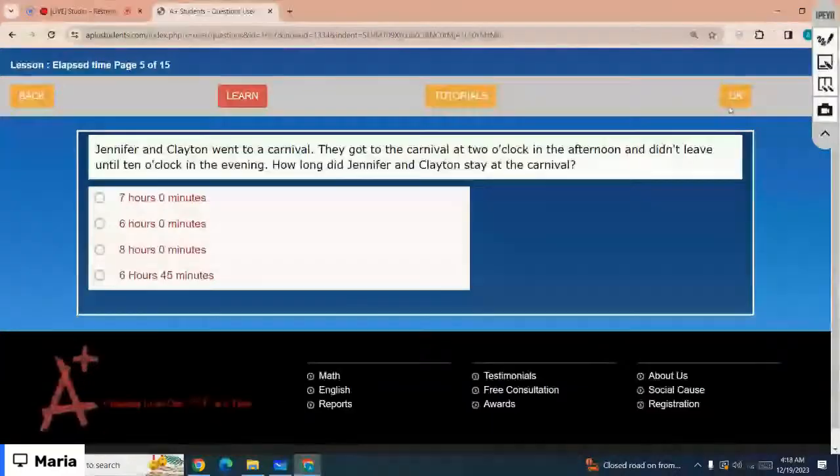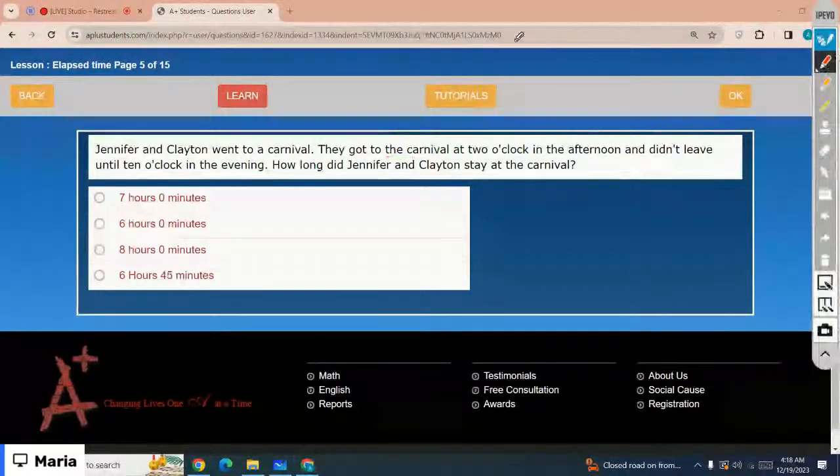Jennifer and Clayton went to a carnival. They got to the carnival at 2 o'clock in the afternoon and didn't leave until 10 o'clock in the evening. How long did Jennifer and Clayton stay at the carnival? So they got to the carnival at 2 o'clock.